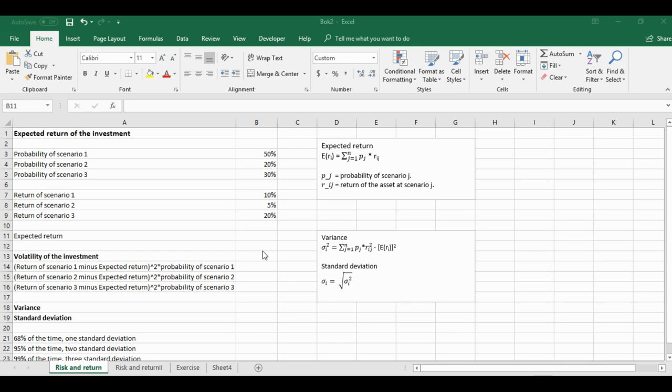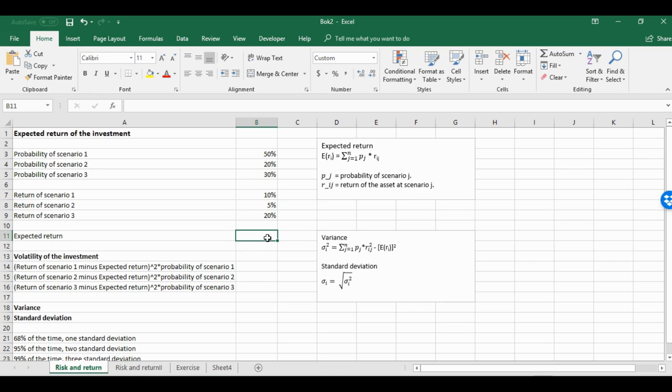Let's calculate the expected return and variance. Here is an investment with 3 possible outcomes. The probability of each outcome is 50% for scenario 1, 20% for scenario 2, and 30% for scenario 3. The return of each scenario is 10% in scenario 1, 5% in scenario 2, and 20% in scenario 3.